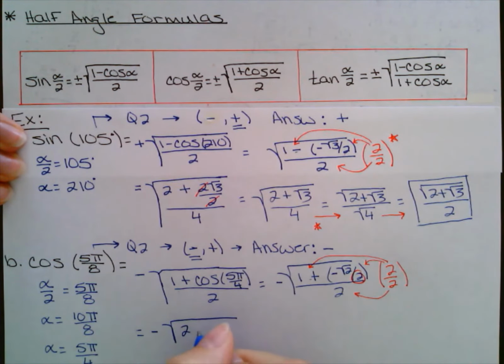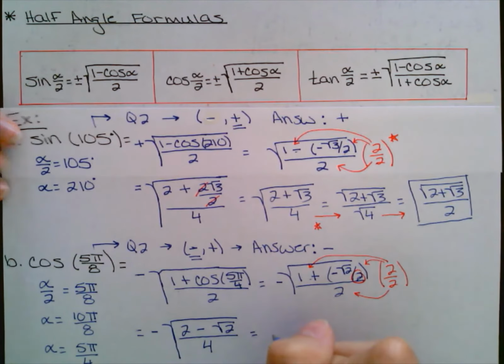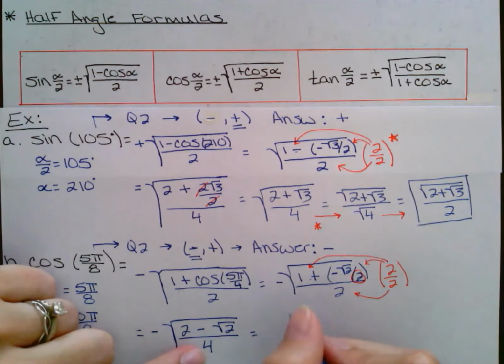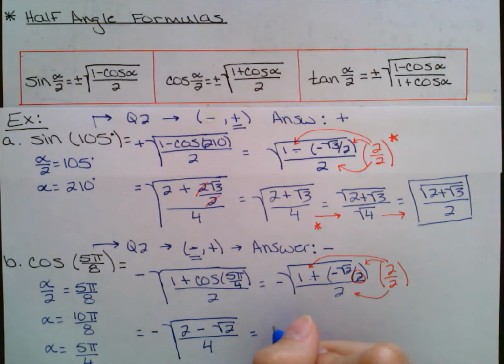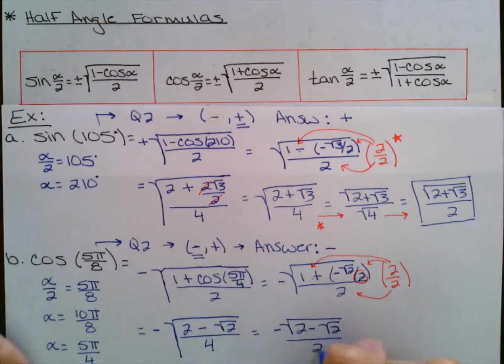A positive and a negative make a negative. This 2 is meant to cancel this 2 out, so I'm left with that radical 2 in the numerator, all over 2 times 2 is 4. And now the last step that I told you always happens, this square root of 4 becomes a 2. Negative square root of 2 minus square root of 2 over 2. And you're done with this question.